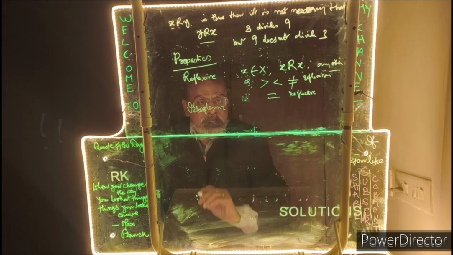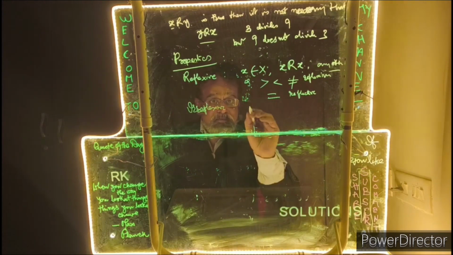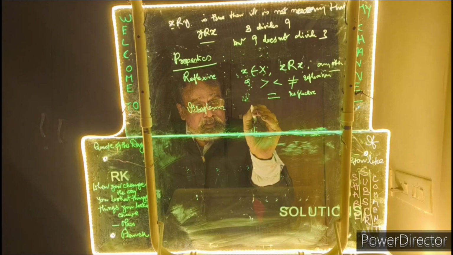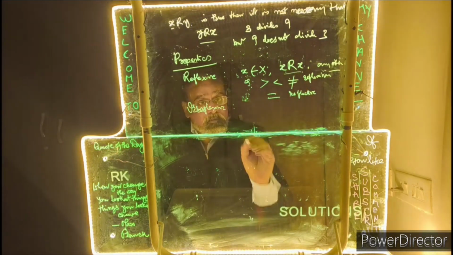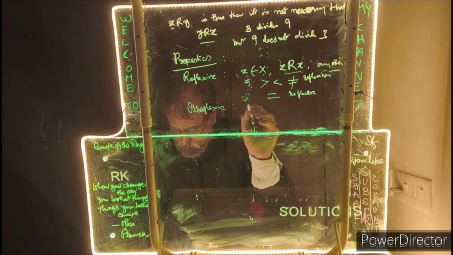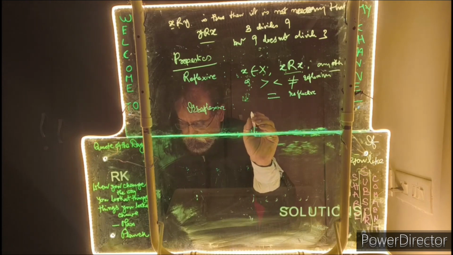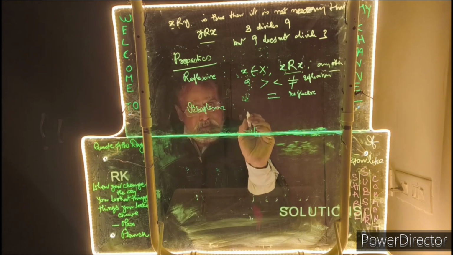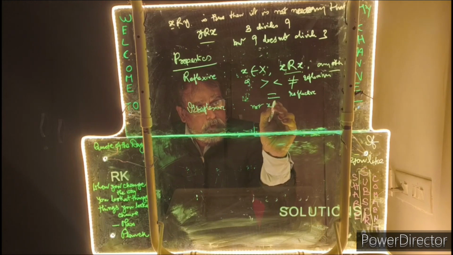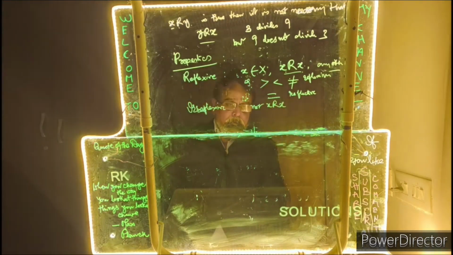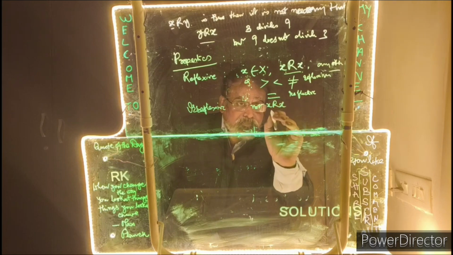Irreflexive. Irreflexive is naturally the opposite of reflexive. That is, it is not x related to x. Okay.